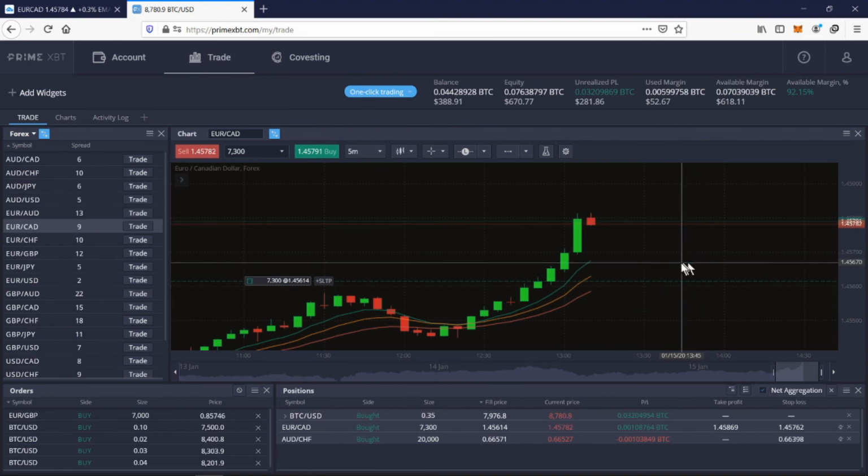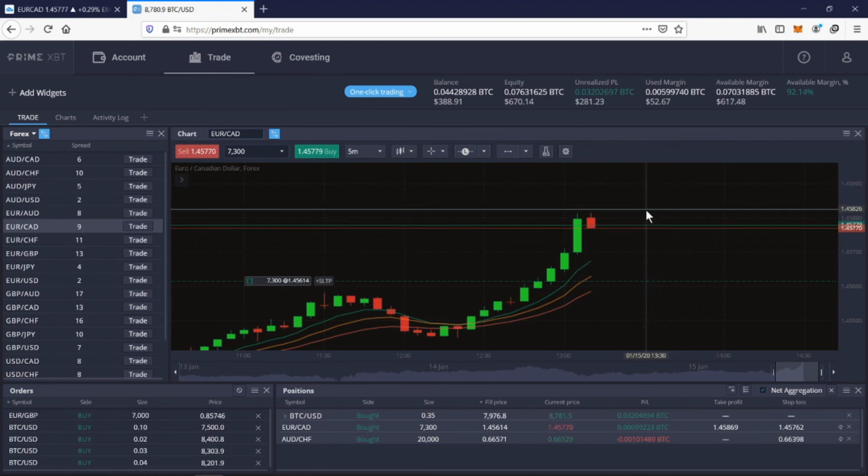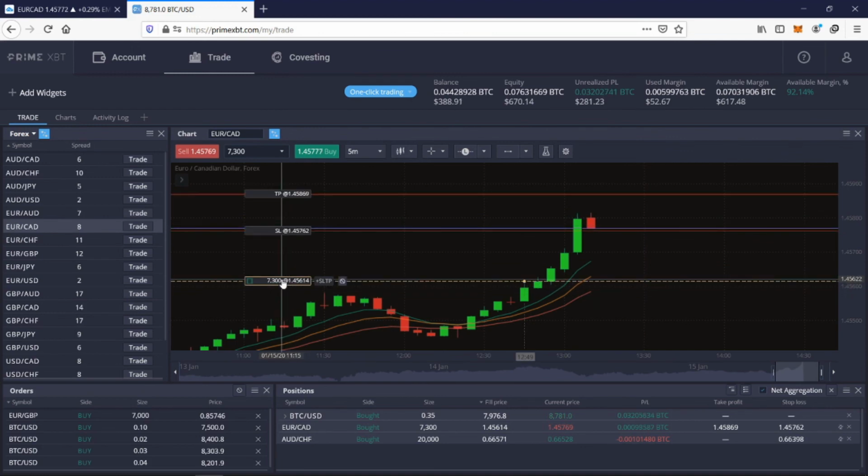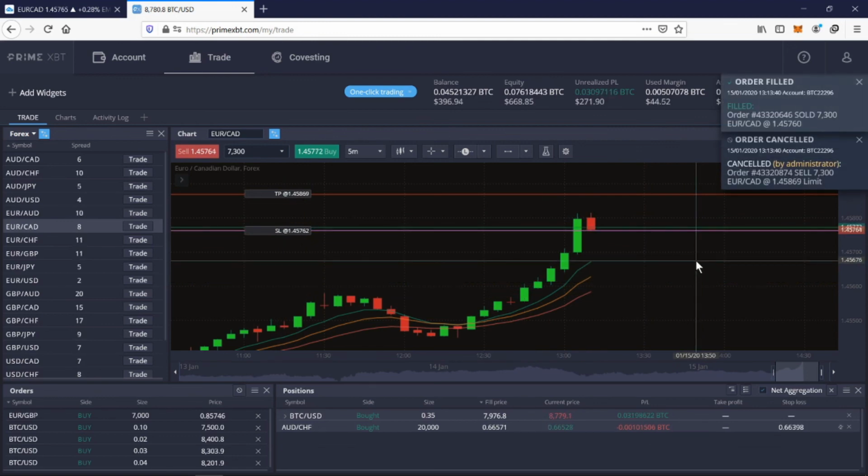Yeah, you can definitely see that the price has hit an area of resistance where it's jumping up and down. Looks like it's going to touch my stop loss there. Yep, there it goes. Okay, so there we go.